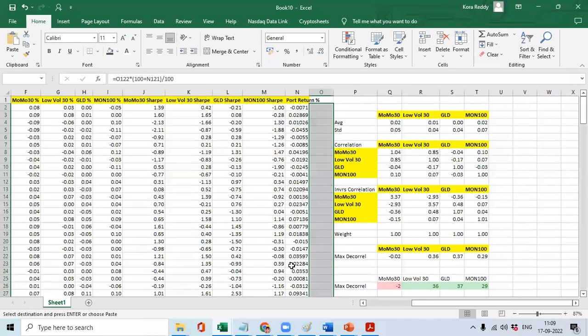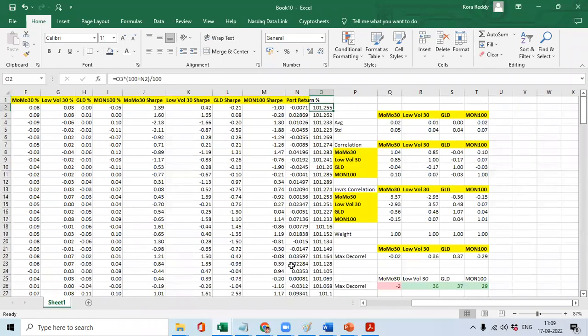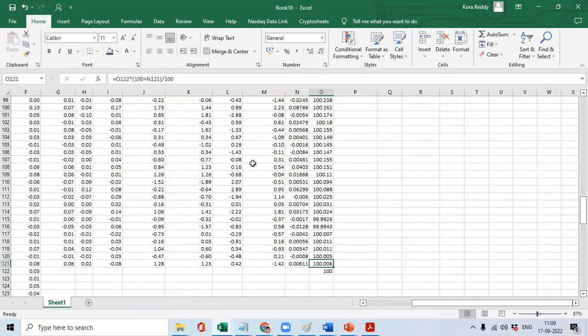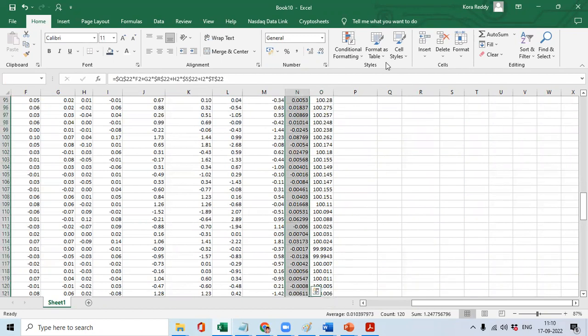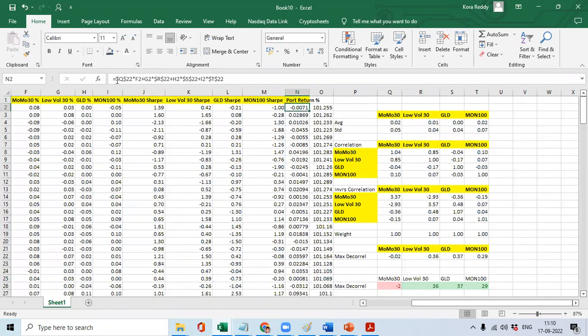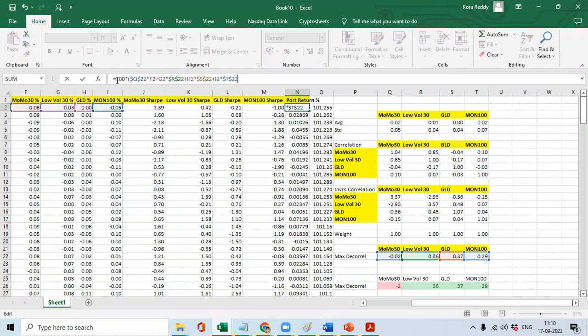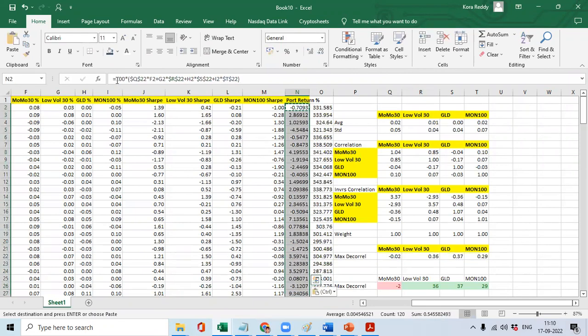Equity curve. Okay, these are into 100. So your 100 has become 331 as of today.